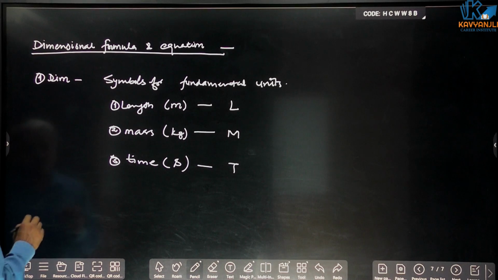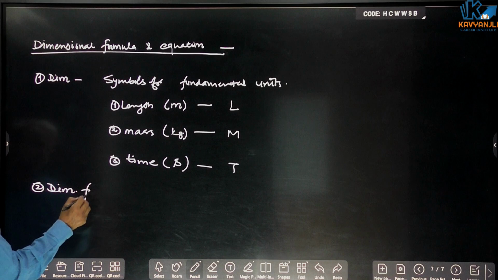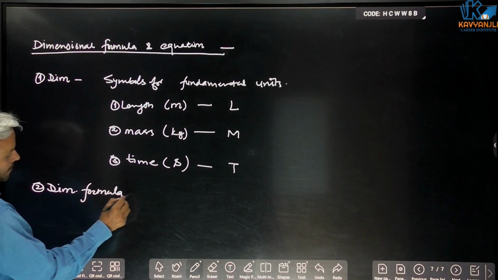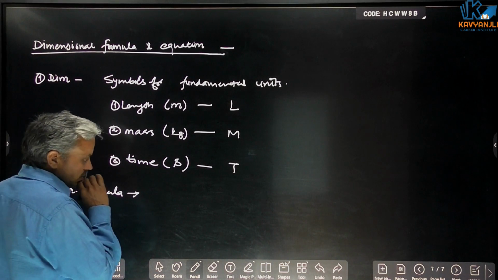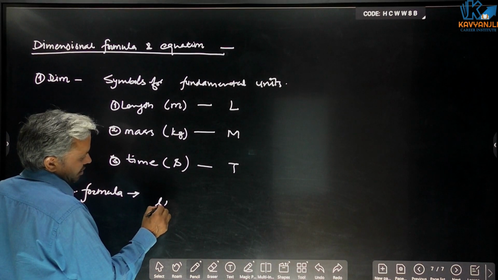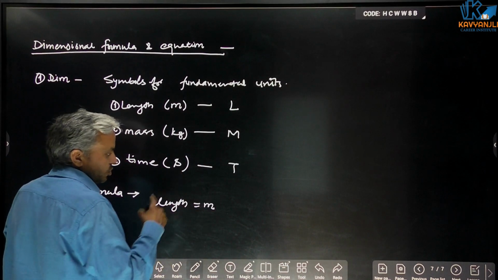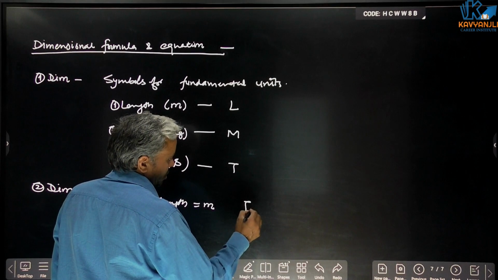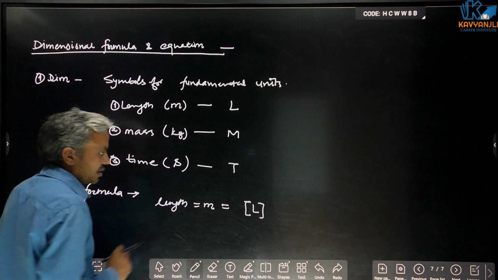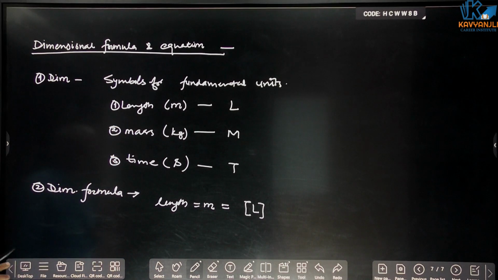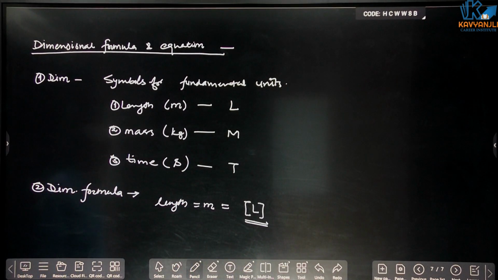So how is a formula written? Let us say you have only length. Its unit is m. You can write it this way, bracket and the symbol for the fundamental unit. So this is called the dimensional formula for length.